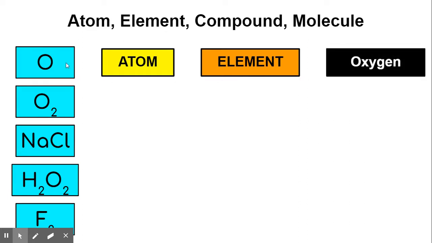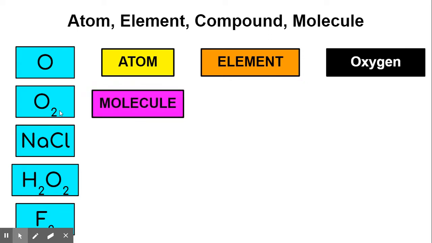Now here again, very similar. The only difference now is that we've written this little number here to the bottom right. This is the subscript that we mentioned earlier. And what this does is it tells us that there are two atoms of oxygen. So since there's more than one atom, if we look back at the vocabulary, anything that has more than one atom is a molecule.